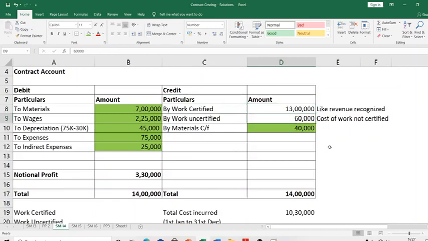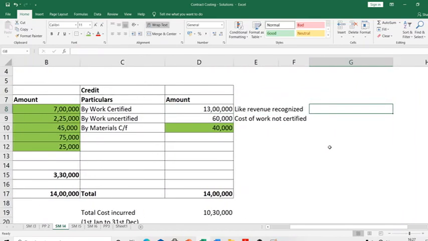Now, another important thing to understand is work certified is in sales terms. This is always in sales terms because the contract revenue is this, a part of the contract revenue, right? Since you have recognized 13 lakhs here, next year you will recognize only the balance 7 lakhs if completely the work gets over. So this 13 lakhs is a part of 20 lakhs.